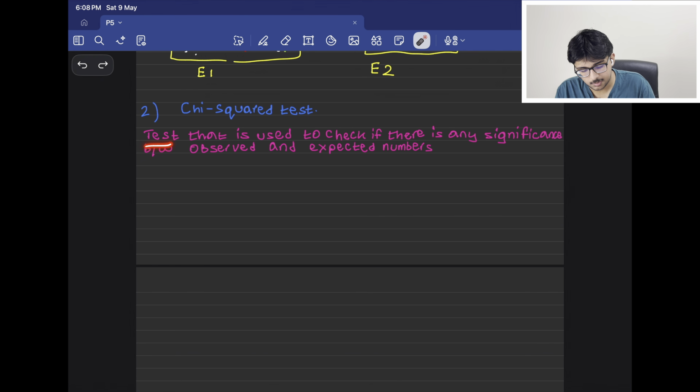The chi-square test is a test which is used to check if there is any significant difference between the observed and the expected numbers or not.